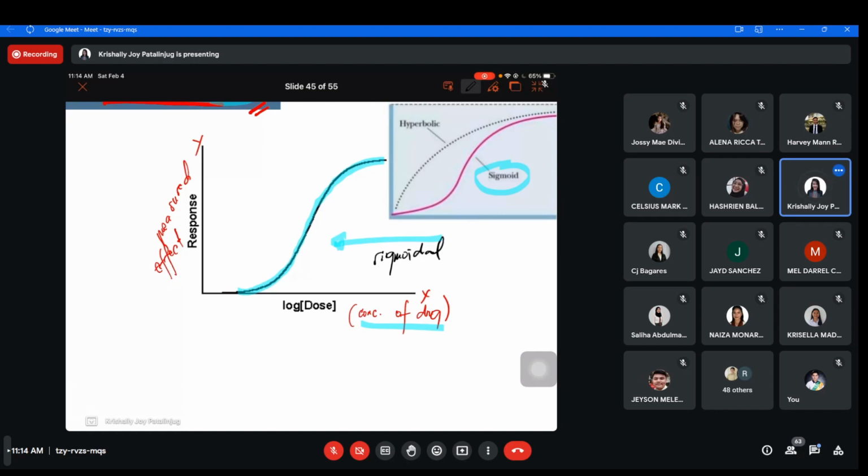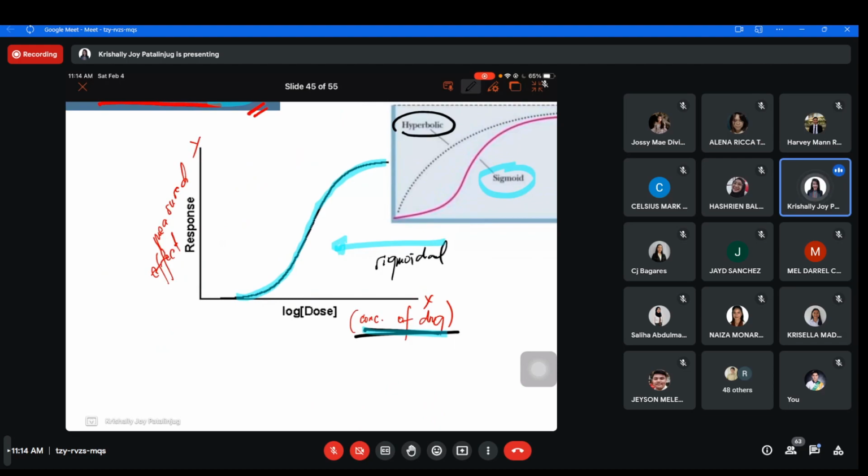And then the other type of graph also na pwedeng ma-observe upon plotting the logarithm of the concentration ng gamot against its effect, okay, is the hyperbolic. Yan, the hyperbolic na curve. And that is shown in a dashed line. Ayan.